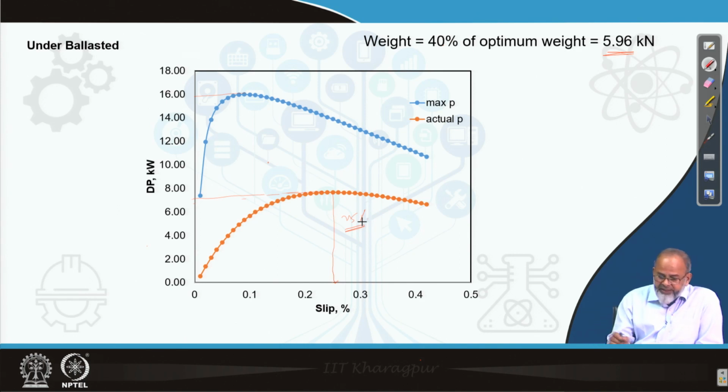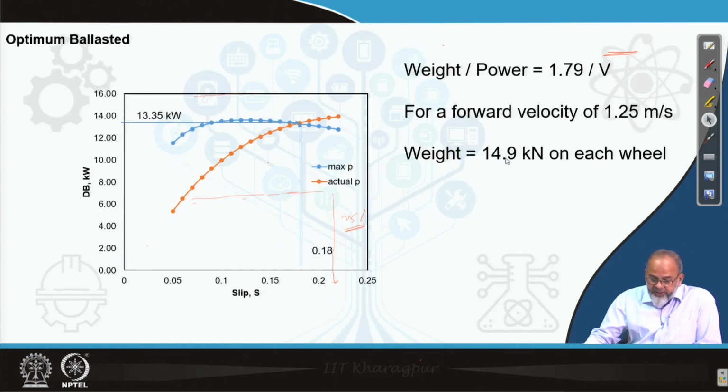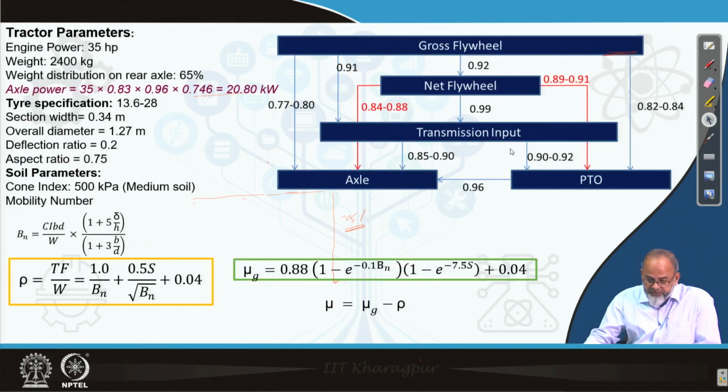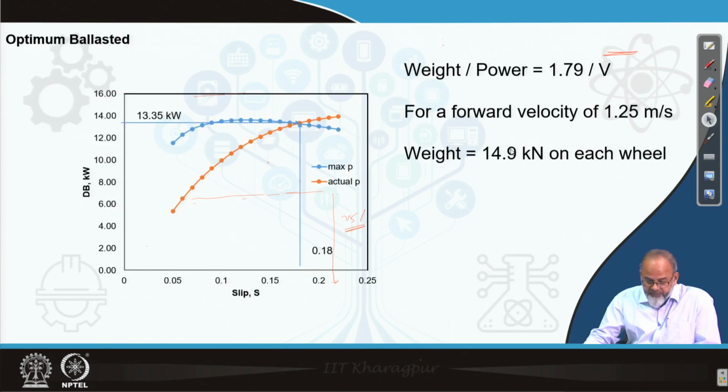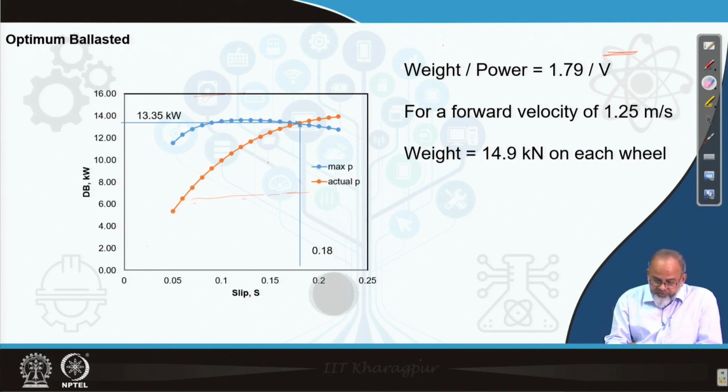If you compare these three: initially, in the optimum ballasting condition, we are getting 13.35 kilowatt at 18% slip.